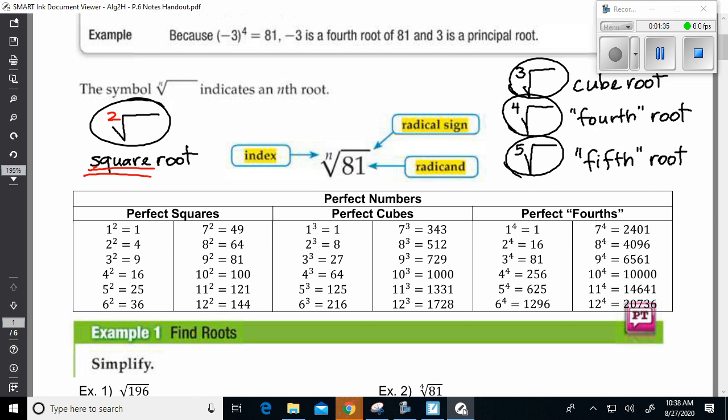Perfect fourths, I don't expect you to know a good chunk of those by memory. About half of those I use the calculator to get. I don't know 12 to the 4th power off the top of my head. I mean, I'm good, I'm not that good. But we're going to use these numbers to now do our roots.